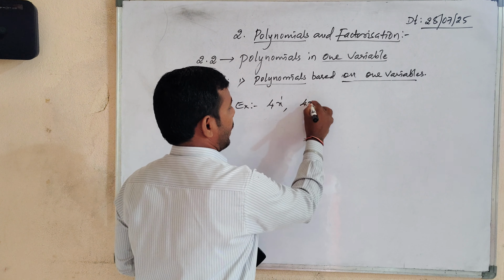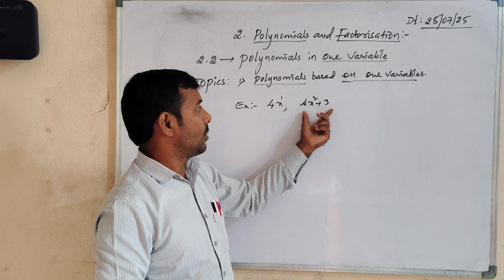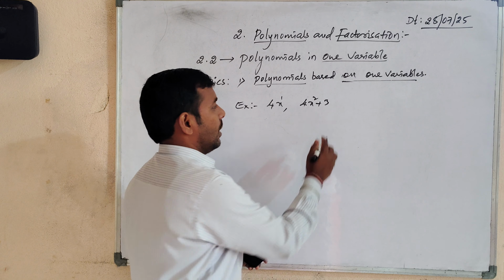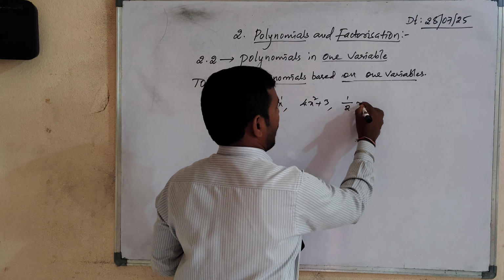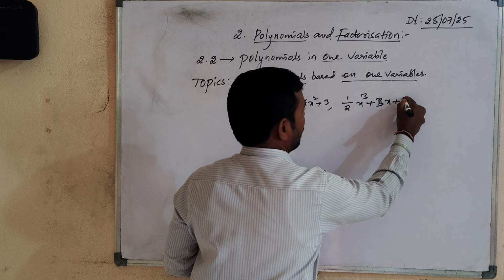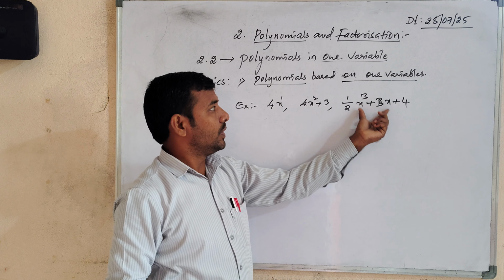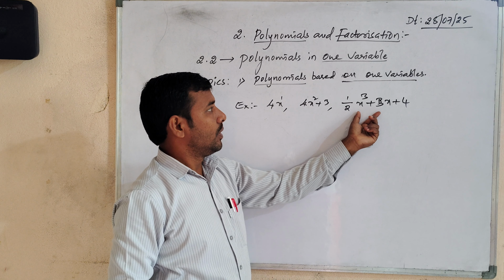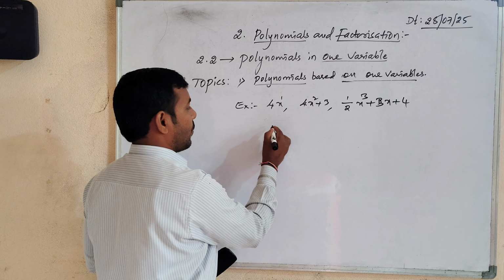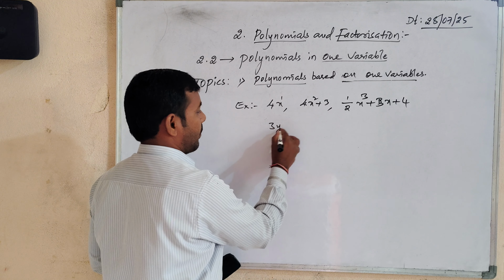Now 4x square plus 3. It is also one of the polynomials which is having one variable. Simple. Next, 1 by 2 x cube plus 3x plus 4. Yes, it is also one of the polynomials which is having one variable. I think understood. Now I want to write a few more. 3y.